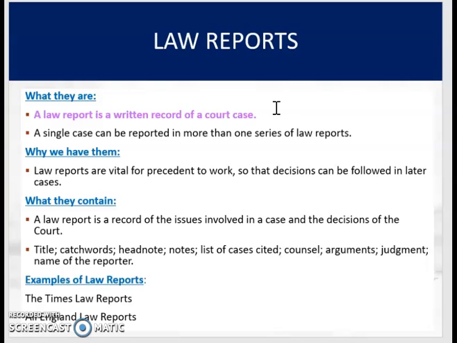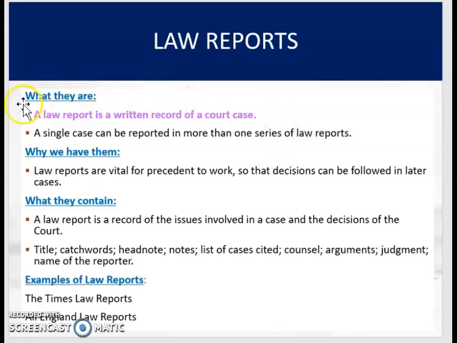If you think back to some of the cases we've already studied, Tuberville and Savage, for instance, that was from 1669. If someone hadn't written that case down in a law report, we wouldn't know it existed, and we wouldn't be able to follow the ratio from Tuberville and Savage, which is that words can negate an assault. So we need to have it written down.